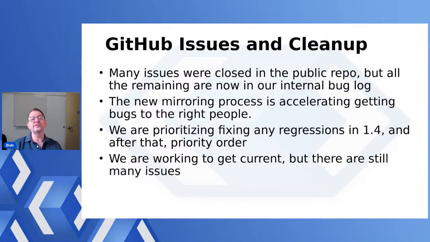Now, there's been a lot of conversation about the GitHub issues and the cleanup, and I wanted to just give an update. When we originally flagged the items that had not been touched in calendar year 2023, there were roughly 1,000 issues. We went through and opened it up and said, if you still care about this, please put a comment on it.